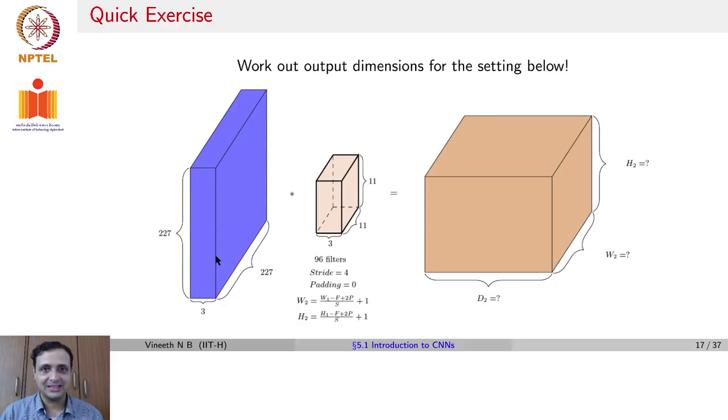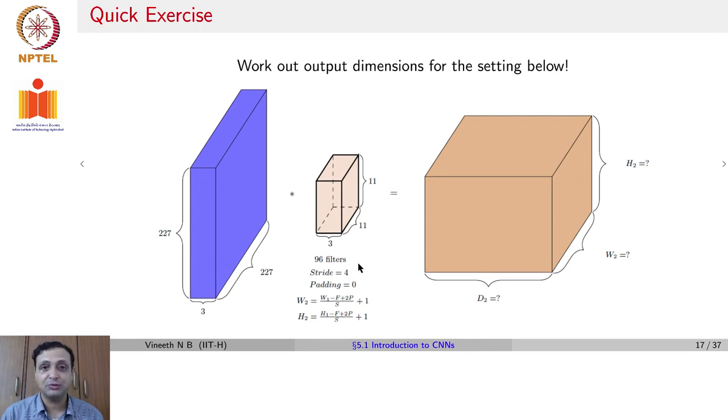Let's try to work out an exercise so you're clear about this. Let's consider this input to be 227 cross 227 cross 3. Let's assume that your filter size is 11 cross 11 cross 3. Let's assume that we are going to use 96 such filters. These numbers have a purpose which will probably be clear to you a couple of lectures down, but take these numbers for now as they are.